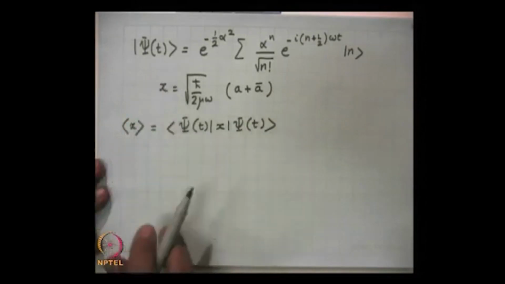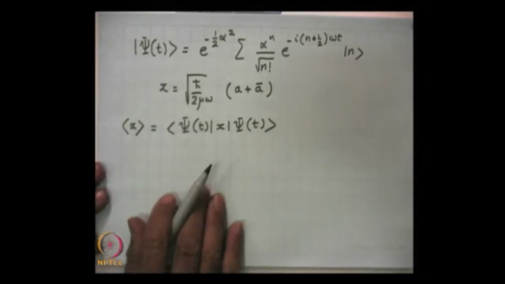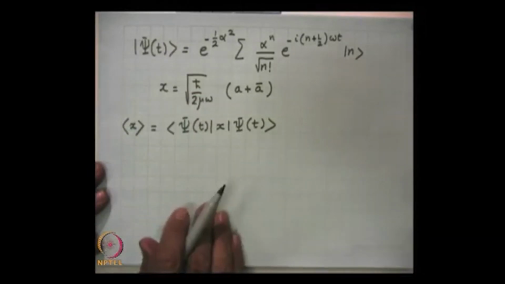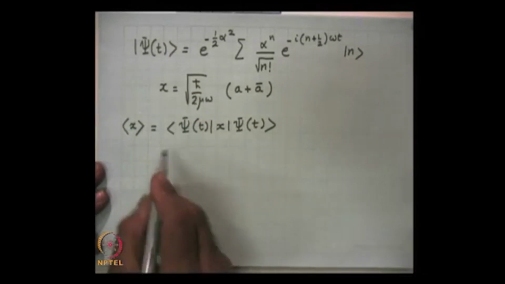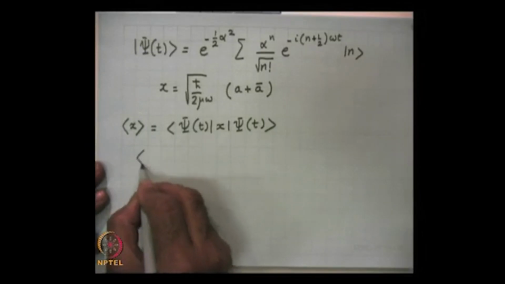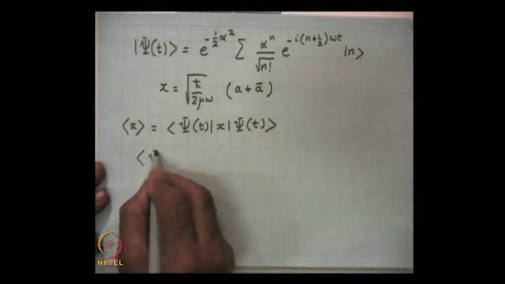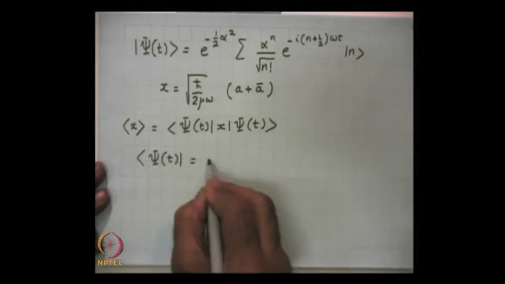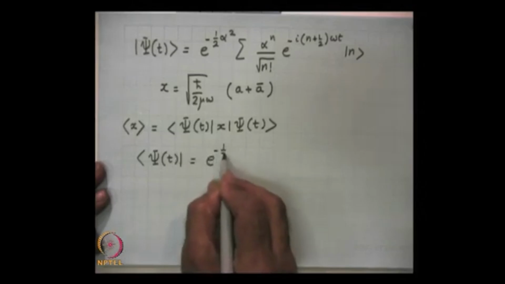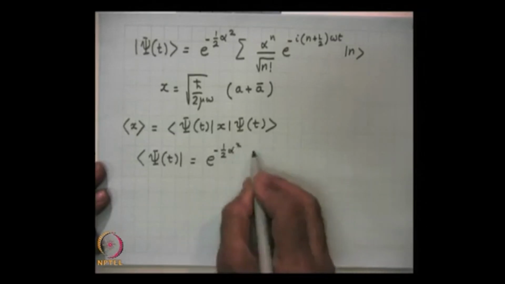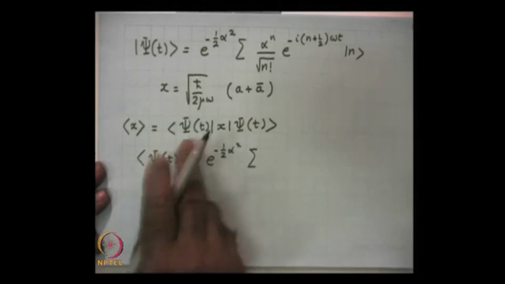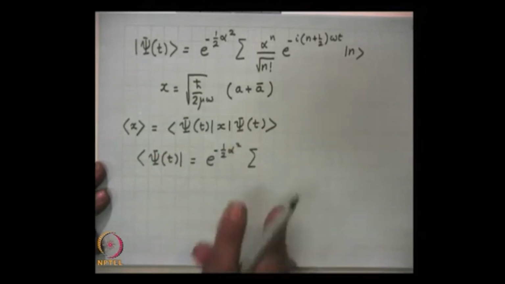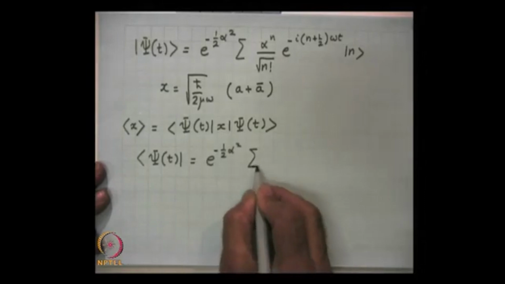So first I have to calculate bra psi t. Remember that alpha is real, I have assumed alpha to be real. So I write bra psi t, the conjugate of ket psi t. So e to the power of minus half alpha square, let us do this a little carefully. Since I will be using both n and m, these two summations will get mixed up.